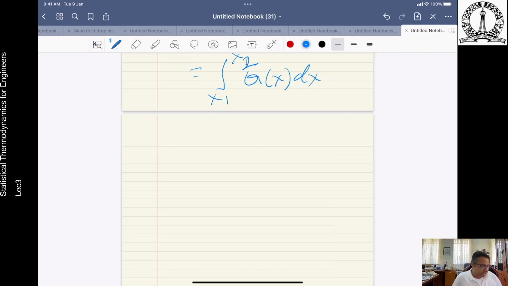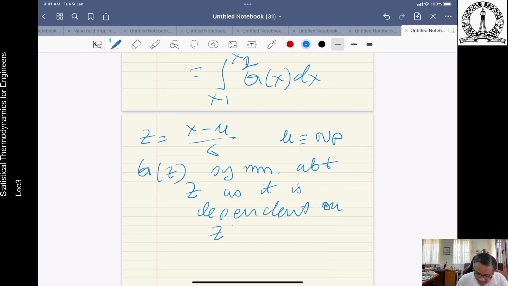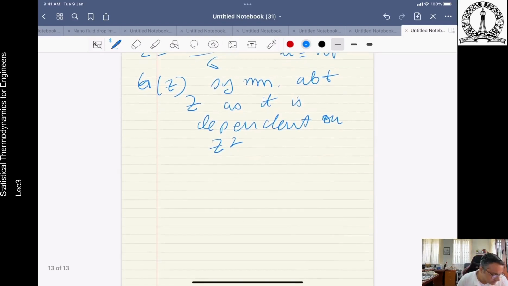Okay. So a few other things: for a Gaussian distribution, your z is x minus mu by sigma. Mu is once again equal to np. Okay. g(z), just write it down, is symmetrical about z, as it is dependent on z squared.